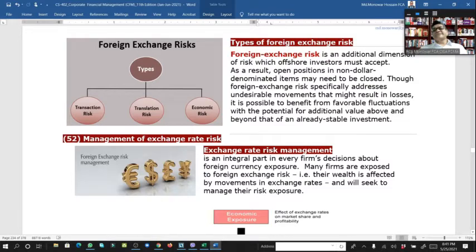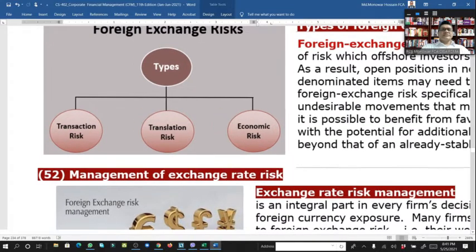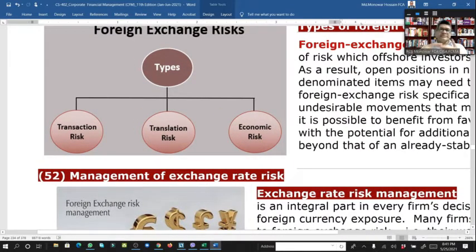Types of foreign exchange risks. So there are different types. One is transaction risk, and another is translation risk. What is translation risk? Translation risk means conversion.